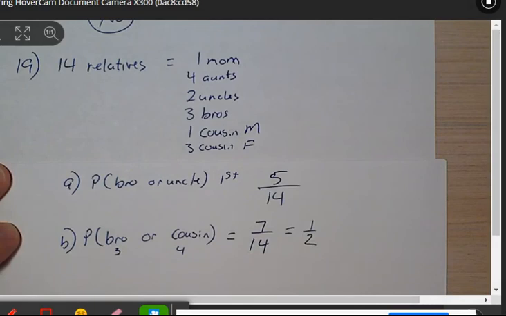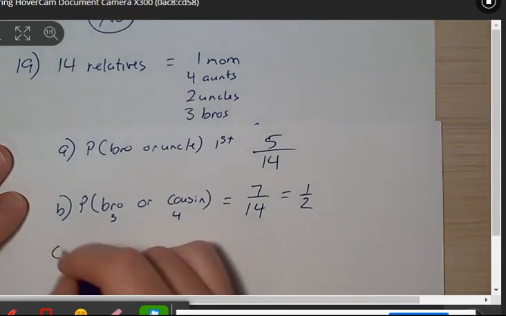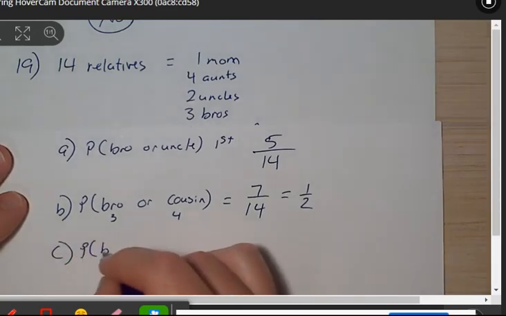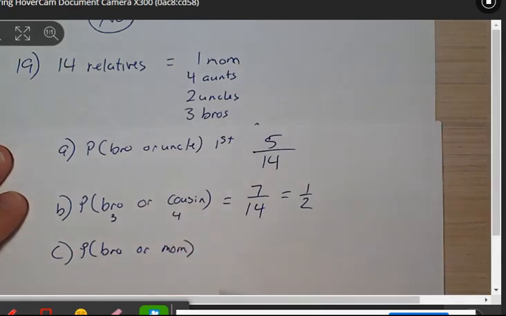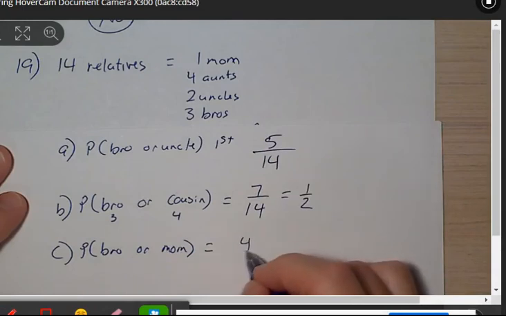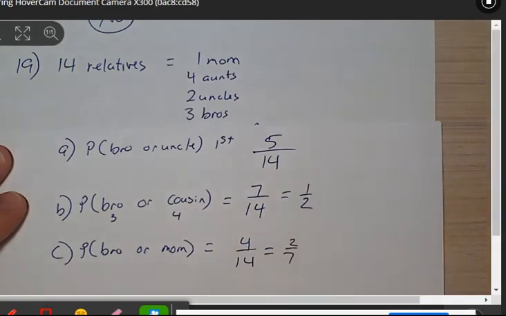That'll simplify down to a half. And then for C, we're looking for the probability of the brother or the mother showing up first. So three brothers, the one mom, so that's 4 out of 14. So that would simplify down to 2 sevenths.